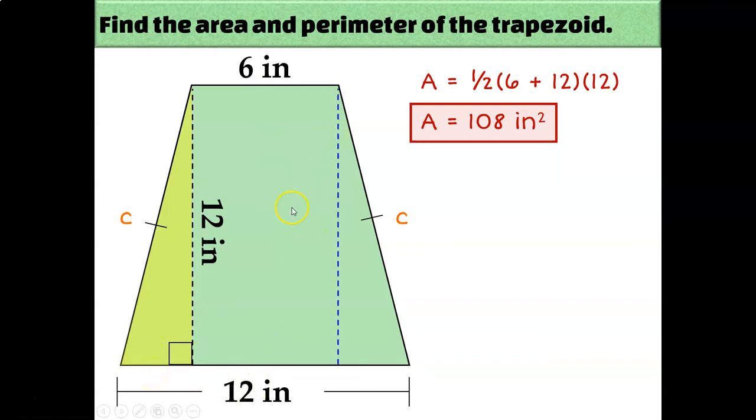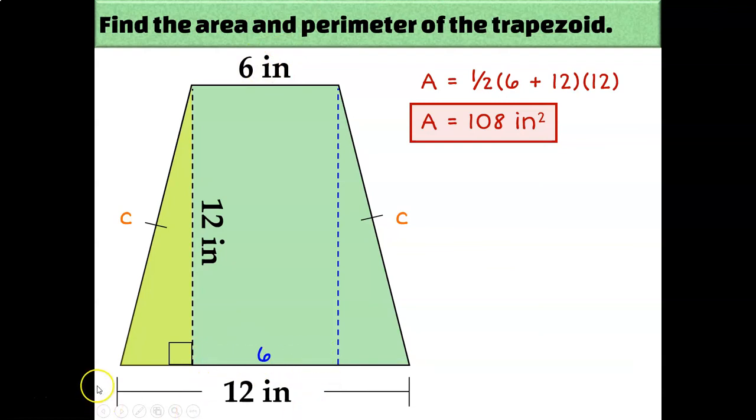But let's look at the bases in relationship to this little chunk of the base. If I were to drop my other height, would you agree that this shape created in the middle is a rectangle? Because since both of these lines are perpendicular to both of these bases, I have to have all right angles, so that makes this a rectangle. And we know that the opposite sides of rectangles are equal. So since this base is 6, this little part of this base has to be 6 as well.